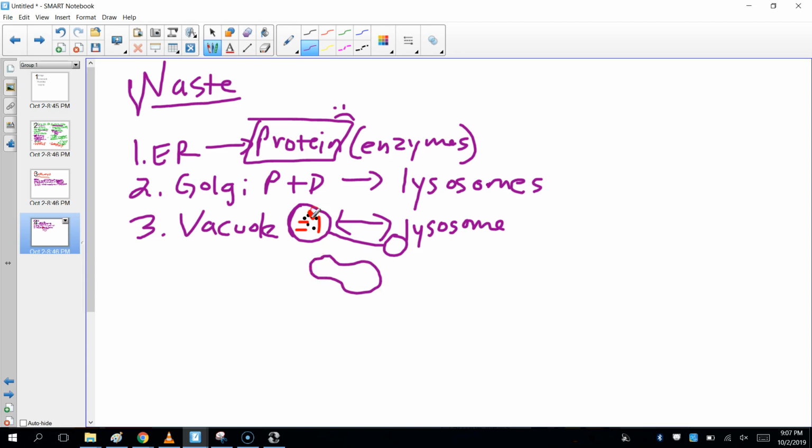Okay, and so then the enzymes that are inside this lysosome will now break down all of this stuff. Okay, and then cells don't hold on to their waste, they actually get rid of it. So it would be sent to the cell membrane to be emptied out of the cell.